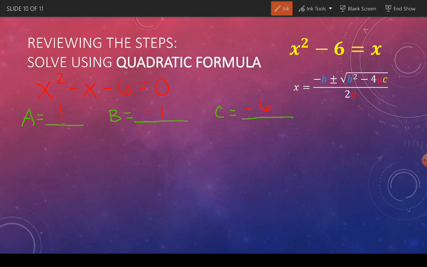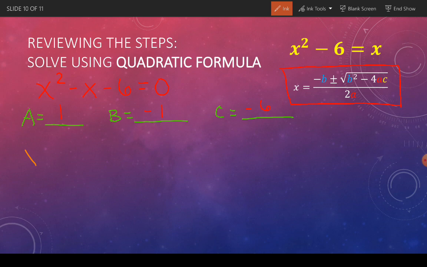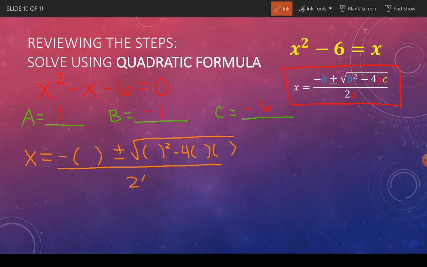Now we can plug our a, b, and c values into the quadratic formula that I am boxing over here in red. So we'll have x equals negative b plus or minus the square root of b squared minus 4ac, all over 2 times a.